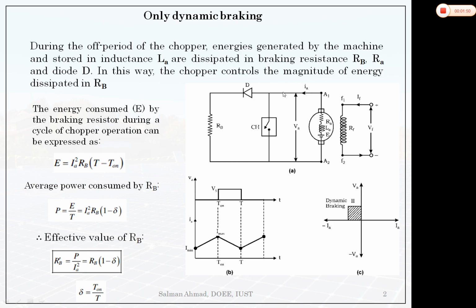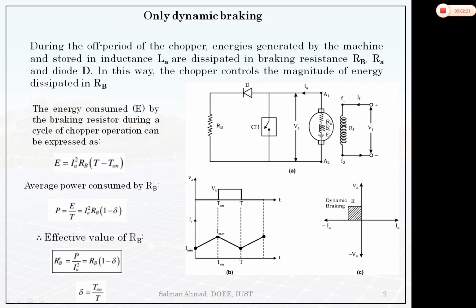this current actually will flow through this diode and to this braking resistor. Okay, so the path will be like this. So whatever energy is stored in the inductor and the energy stored in back EMF, they both will dissipate in a diode, and most of the energy will dissipate in this braking resistance, and some of the energy will also dissipate in this armature resistance.